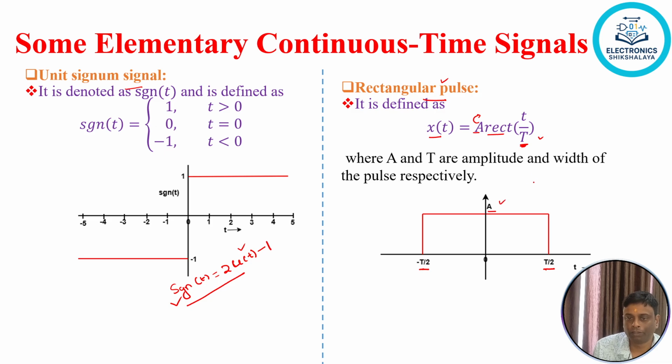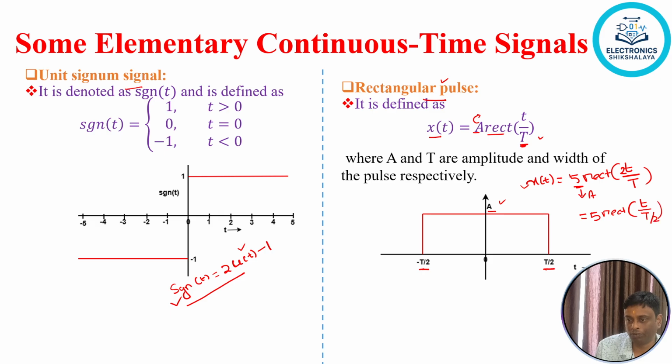Suppose you have to find x of t equal to 5 rect of 2t by T, and represent it in a graph. The amplitude is 5, this is our A. So it is 5 rect of t by T by 2.